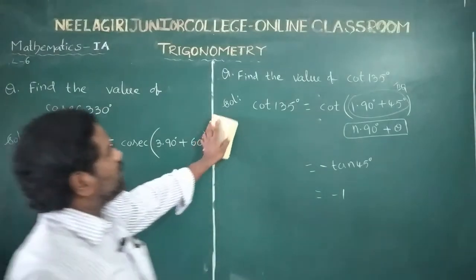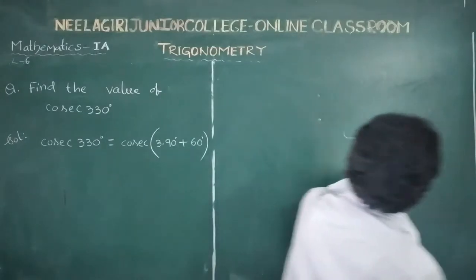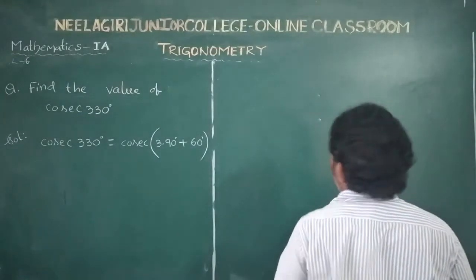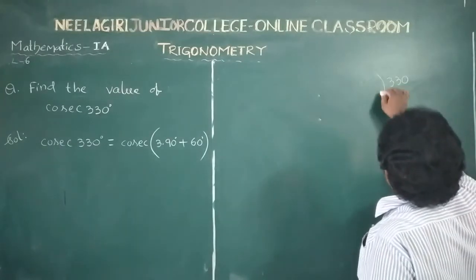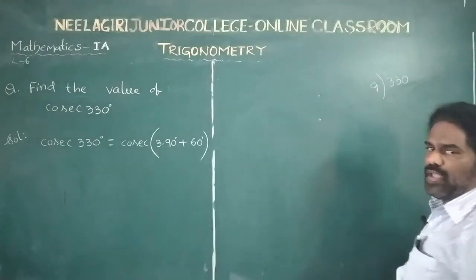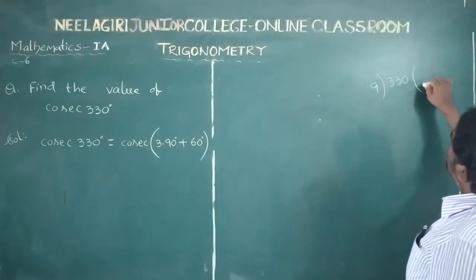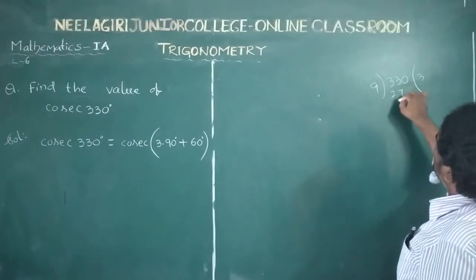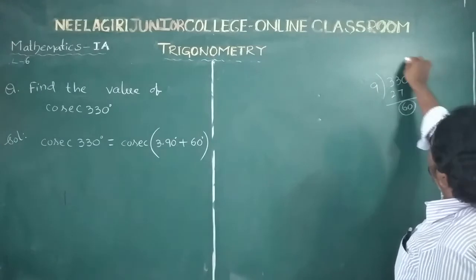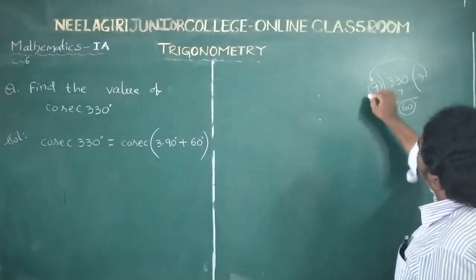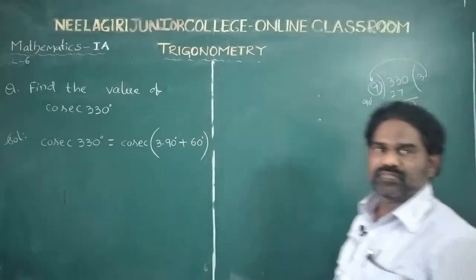Listen, one important thing here. For 330 degrees, every time write it like this: divide by 9, but assume 9 as 90 degrees. 9 threes are 27, remainder 60. So this can be written as 3 into 9, assuming it as 90 degrees, 3 into 90 plus 60. Do it like this. Understand?